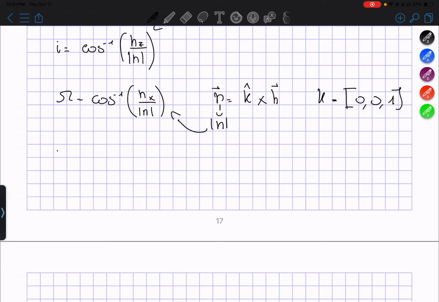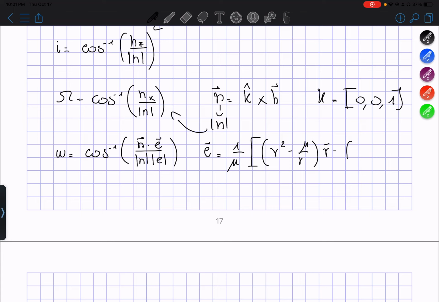And then our argument of perigee, omega, is equal to cosine to the power negative 1 of our n vector dotted with our e vector divided by the magnitudes of these two vectors, where we have our e vector that comes from 1 over mu times v squared minus mu over r, everything times the r vector minus r dotted with v times v vector.